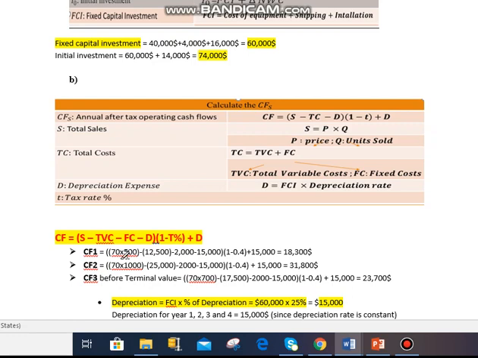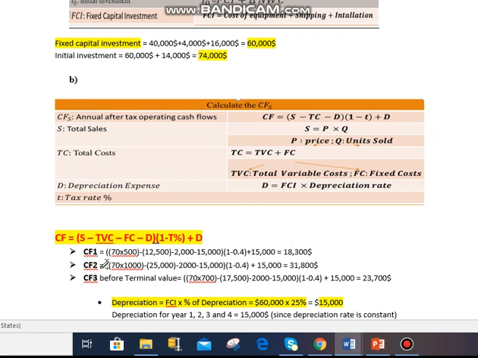For 4 years. So in cash flow 1, we have sales minus total variable cost minus the fixed cost minus the depreciation, all multiplied by 1 minus the tax percent, and then we re-add the depreciation, $15,000. So cash flow 1 will be equal to $18,300.